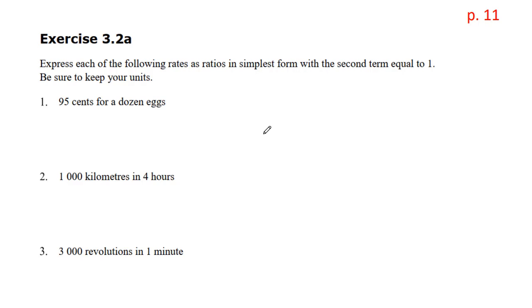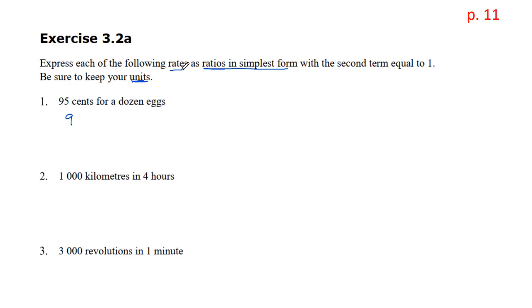Just go ahead and do the first 3 questions in the exercise, then we'll move on to the second part of the lesson. We're going to show these rates as ratios in simplest form. So what we're doing basically is making unit rates here. We're keeping our units though, because remember, we're comparing 2 different things. If we were comparing the same thing, then we would make it as a straight up ratio without any units.